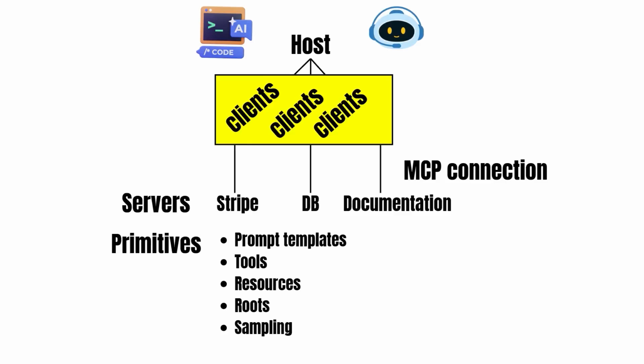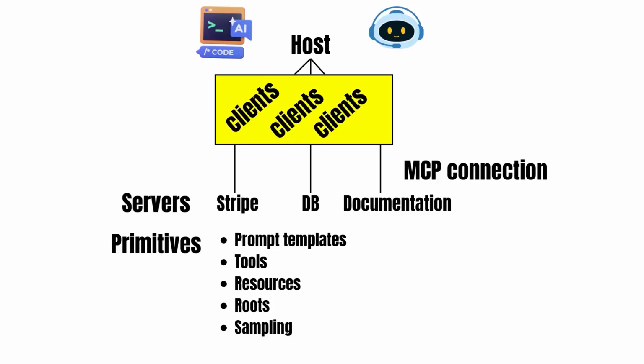We can have the resources, but let me cover the tools first. They are functions, so things that the model can do. The resources are more read-only documents, schemas, files. So these are things that the model can reference.